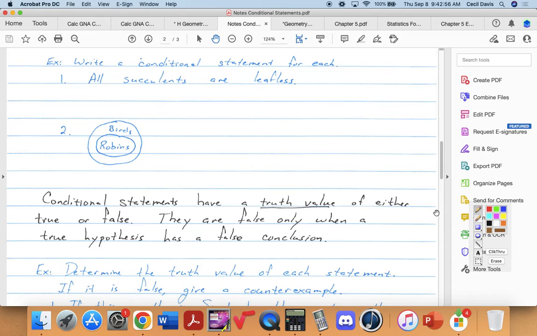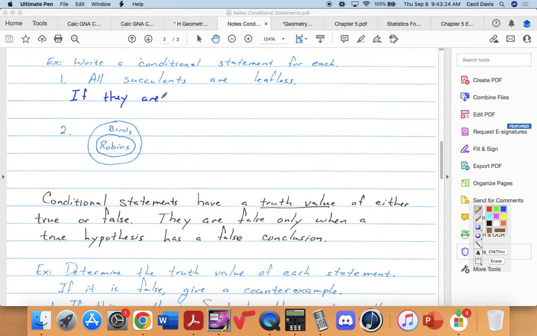It's something that retains water in the plant itself. But that's not important. You don't need to know that in order to write this as a conditional statement, because they're talking about everything that belongs to this group has this further quality. So since it is plural here, I'll use if they instead of it.